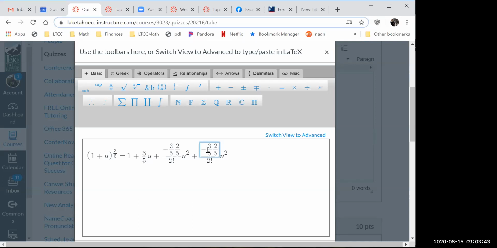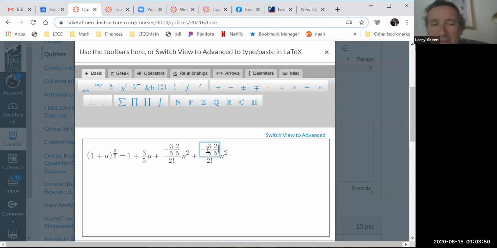We're supposed to take the -2/5 and then subtract another 1. You get -7/5, so the negatives cancel, and you get 7/5. And then the 2 factorial becomes a 3 factorial, and the u squared becomes a u cubed.